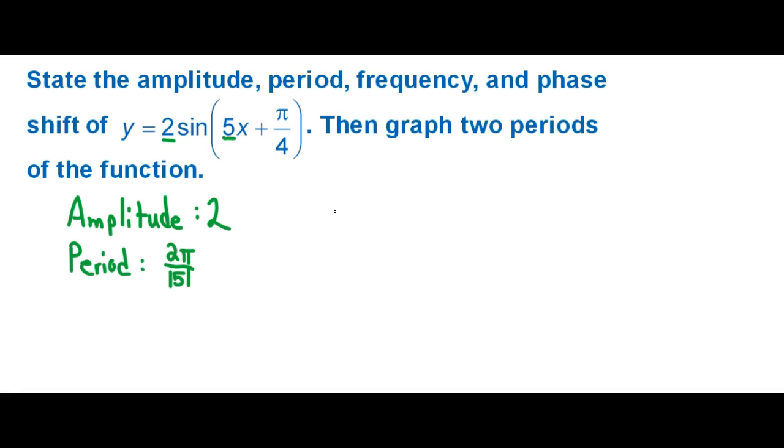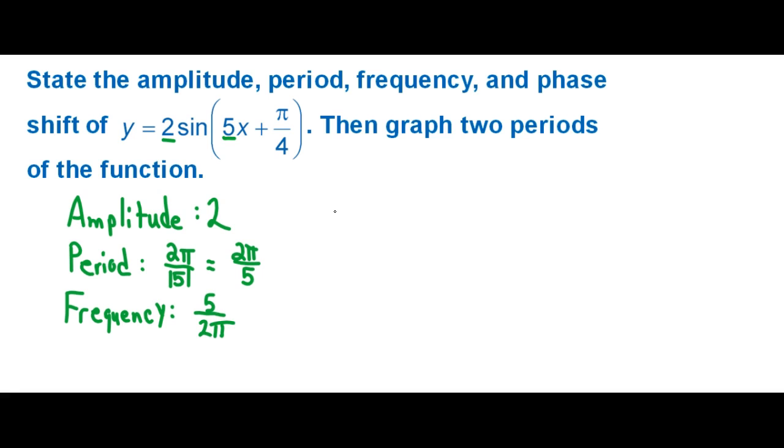So essentially our period is 2 pi over 5. Our frequency, remember, is the reciprocal of the period. So our frequency is going to be 5 over 2 pi.